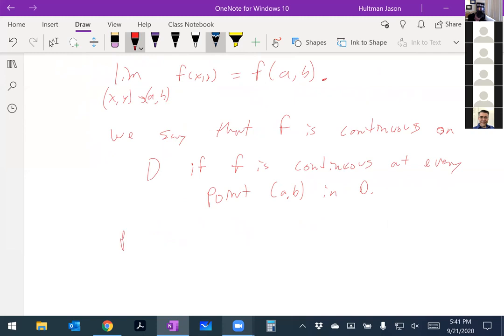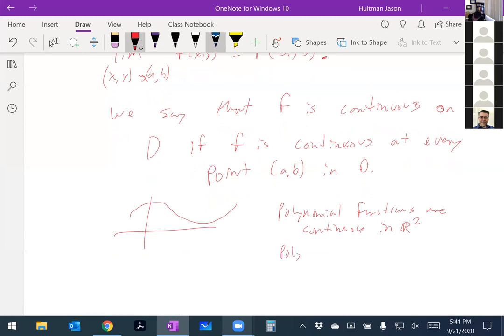So if we think about polynomial surfaces, just like polynomial functions were continuous in R2, polynomial surfaces are continuous in R3.